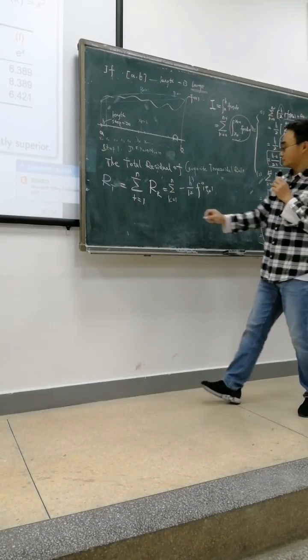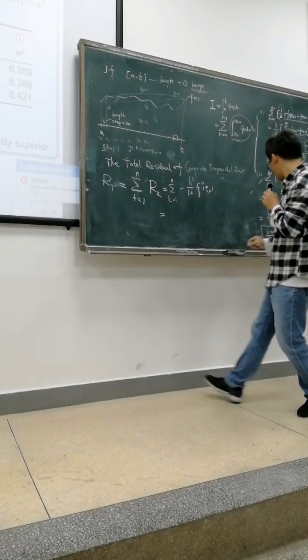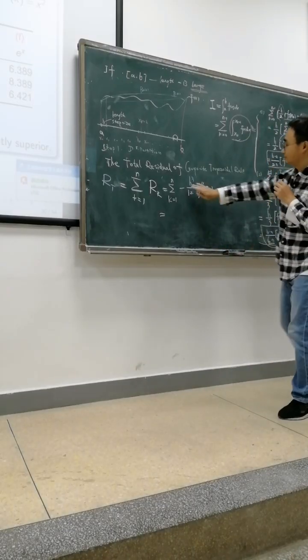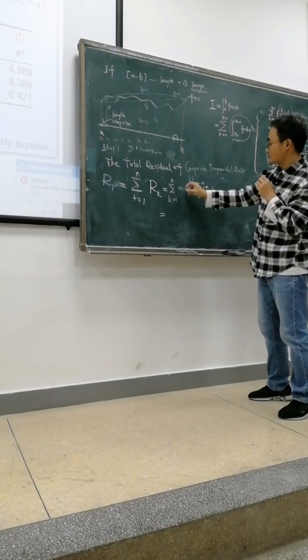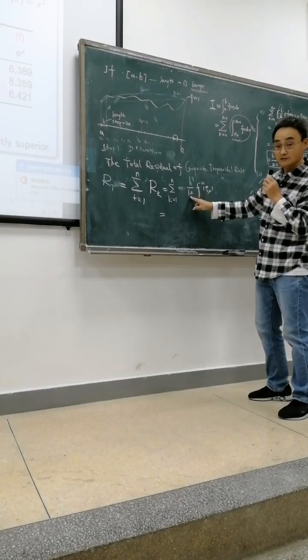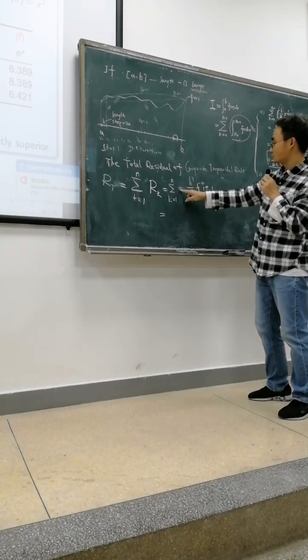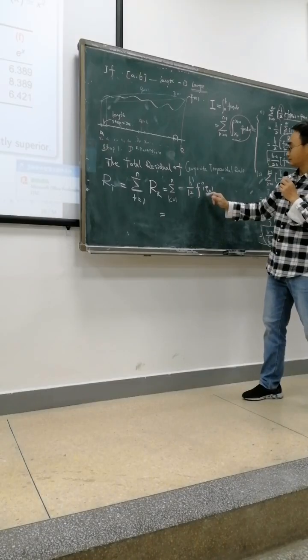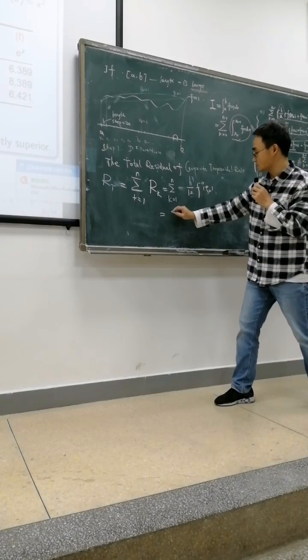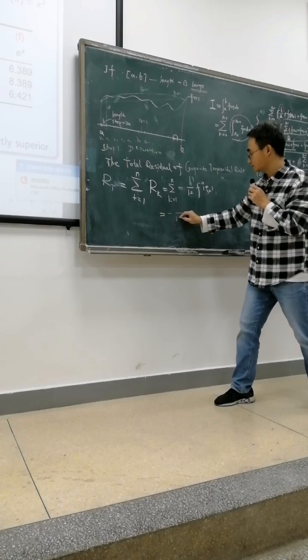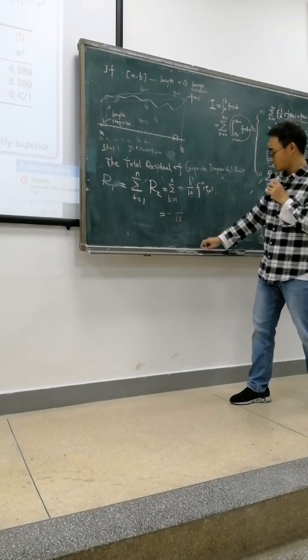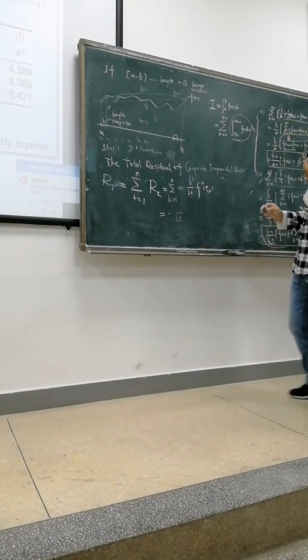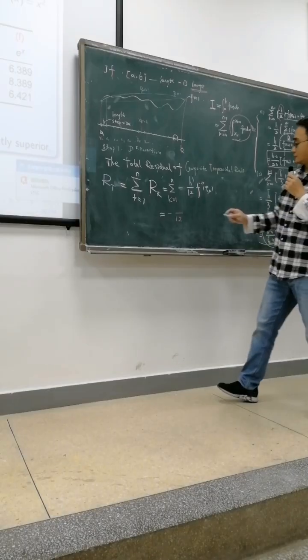Because this one is constant, this one is constant, this one is constant, this one is constant, but this one is not constant, so we put the constants outside. Here is h cubic. Let's check h cubic.